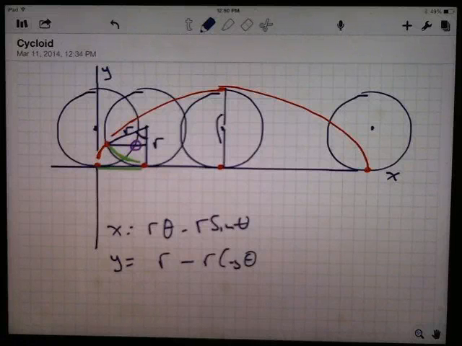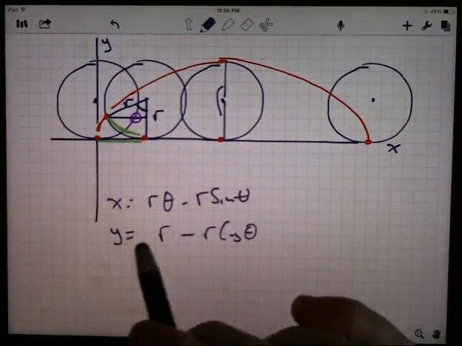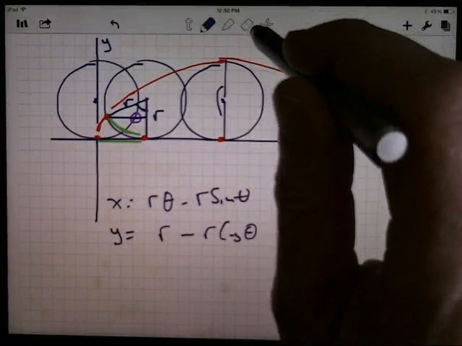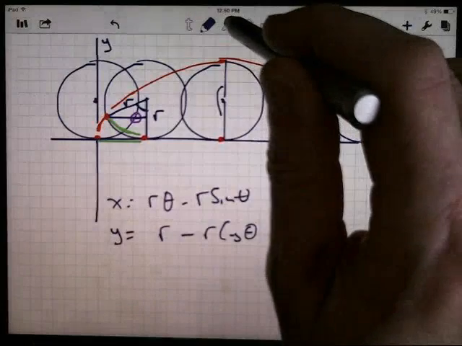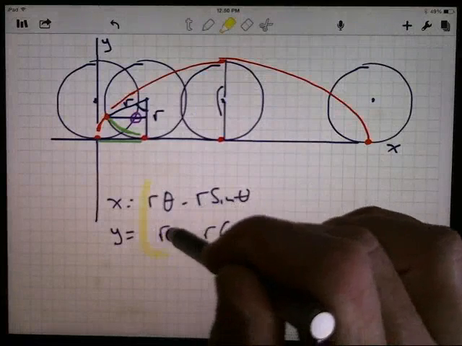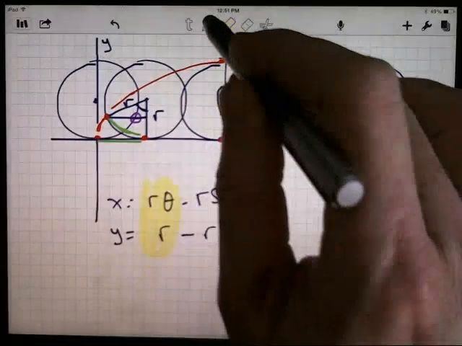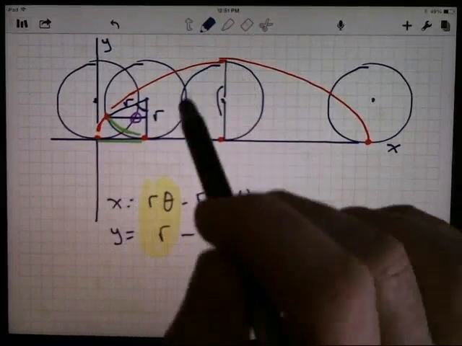I'm going to switch over to the computer here in a moment and see if this really works. But one thing I want to point out is that these parametric equations come in two parts. One part is this stuff right here, which describes the motion of the center of the circle.